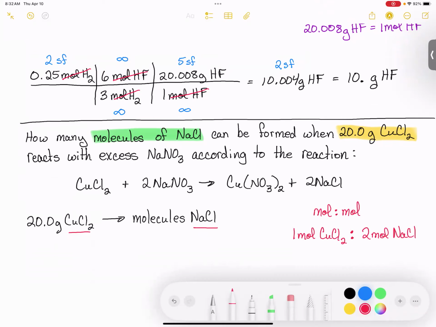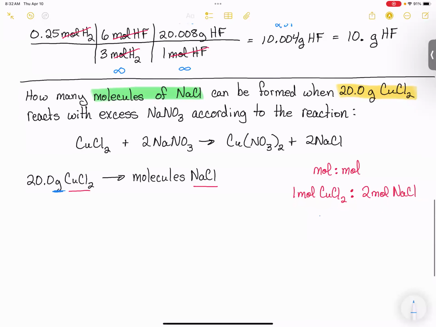Next thing I notice is I am dealing with grams of CuCl2. Grams means I'm going to need molar mass. I have 1 copper and I have 2 chlorines. Copper has a mass of 63.55 and chlorine has a mass of 35.45.